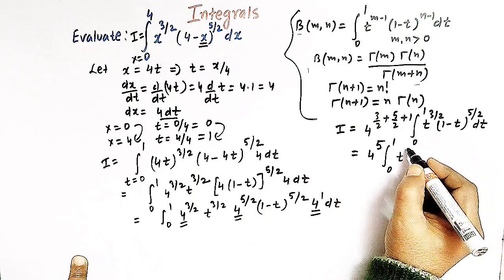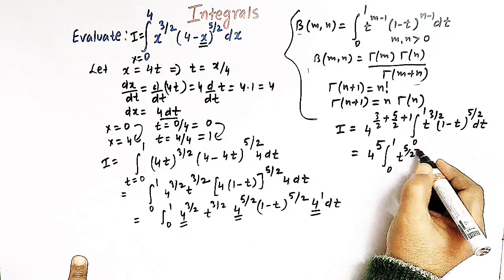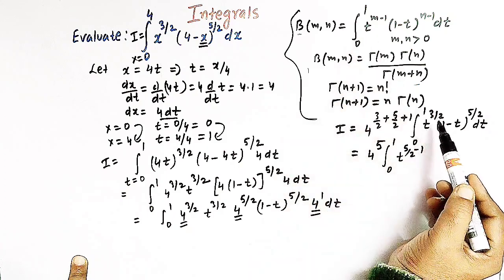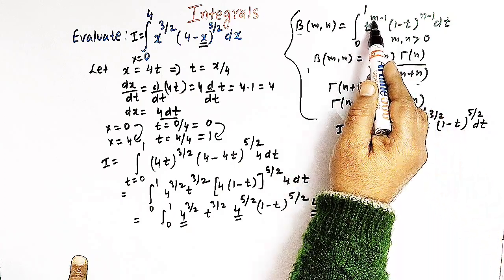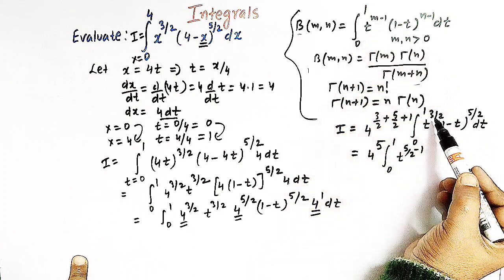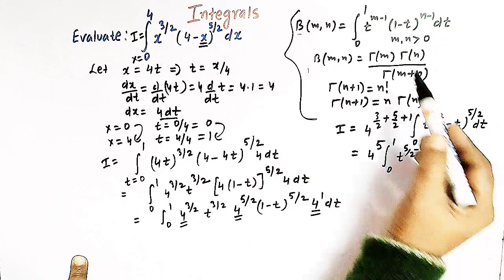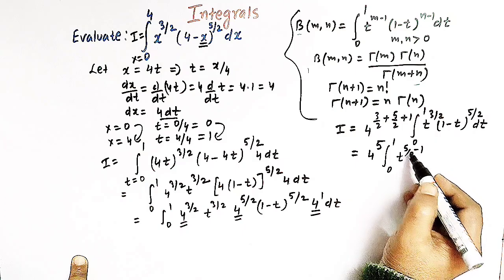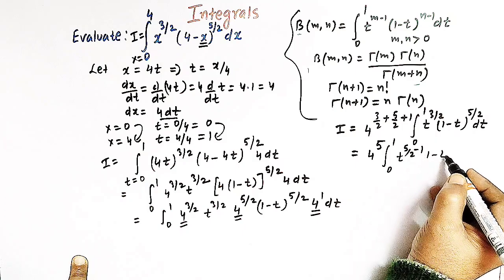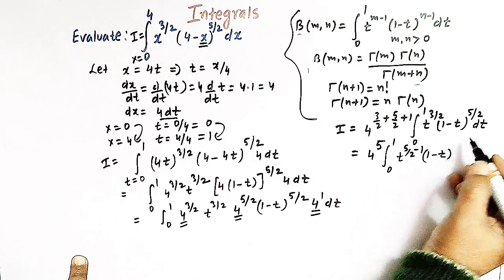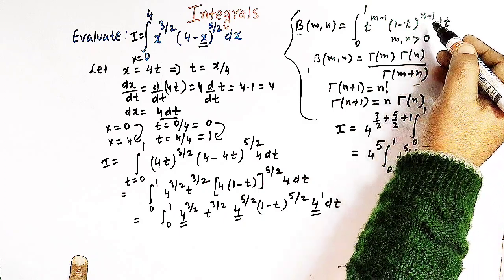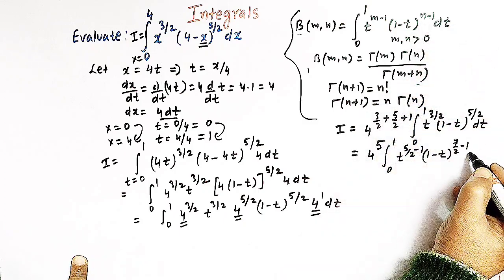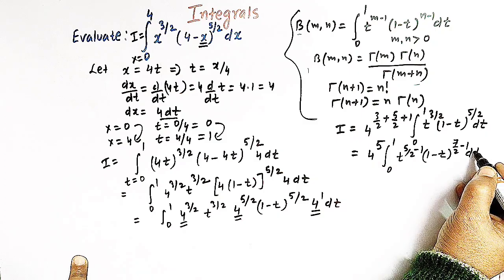So 3 by 2 can be written as 5 by 2 minus 1, because we have to write this exponent in the form m minus 1. So 3 by 2 is 5 by 2 minus 1. And similarly, here we have 1 minus t raised to 5 by 2, and 5 by 2 can be written as 7 over 2 minus 1, and here we have dt.